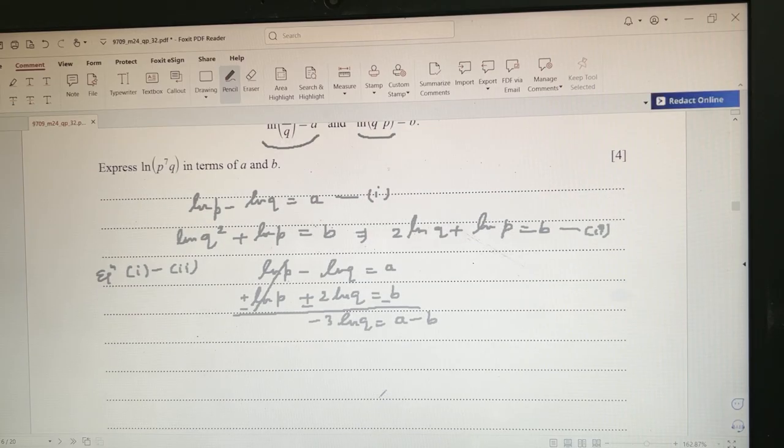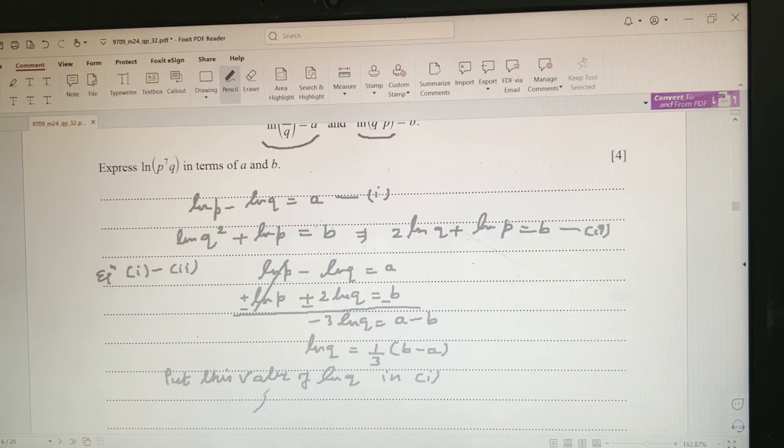Now put this value of ln q in any of the equations to find ln p. So we can say that ln q, shifting minus 3 to the other side, will become 1 over 3, and we'll adjust the negative sign as well, so it will become b minus a. This is ln q. Now put this value of ln q in equation 1 and we'll solve for ln p.